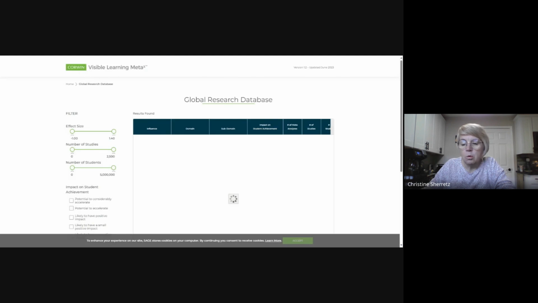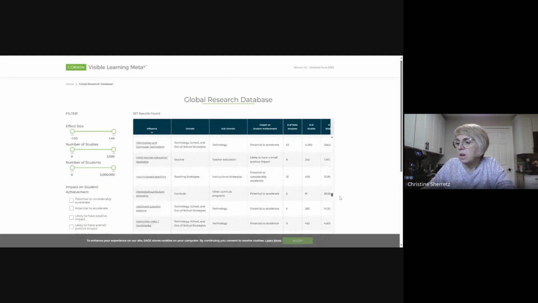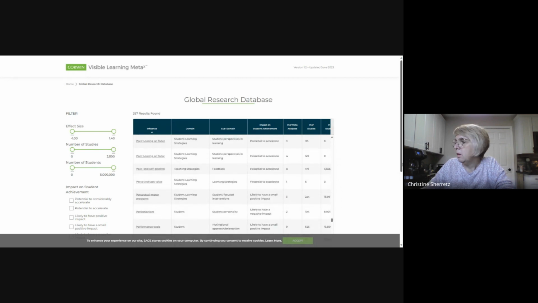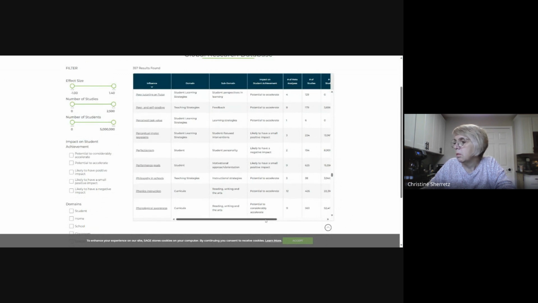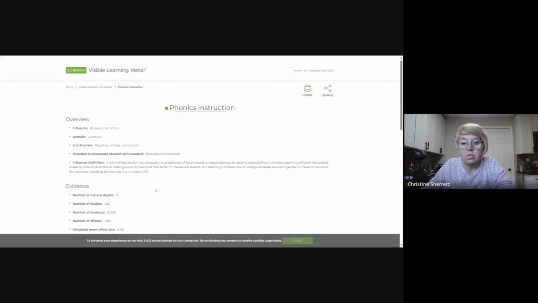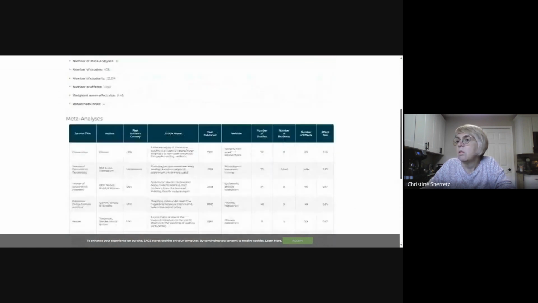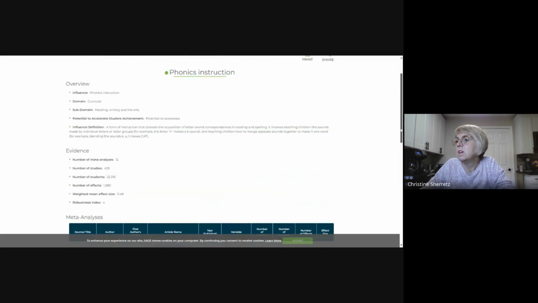So for example, we're talking this week about phonics. So I can go down here, and does phonics instruction help? Well, look down here, and it has a 0.48, which means, with 0.5 being right in the middle, that it's a form of instruction that has the potential to accelerate.